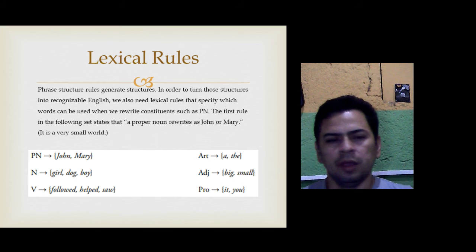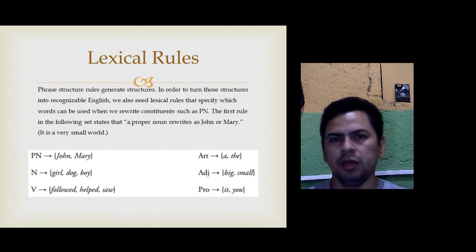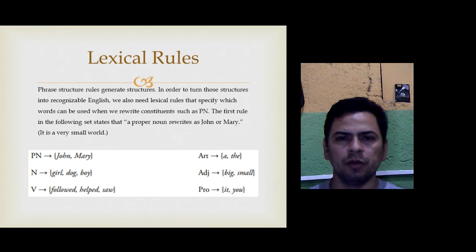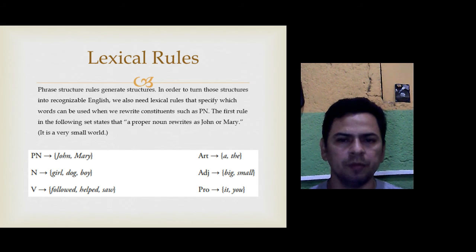Lexical rules. Phrase structure rules generate structures. In order to turn those structures into recognizable English, we also need lexical rules that specify which words can be used when we rewrite constituents such as proper noun. The first rule in the following set states that a proper noun can be rewritten as John or Mary.